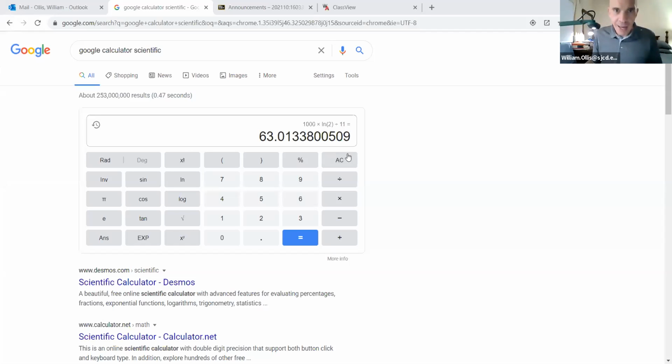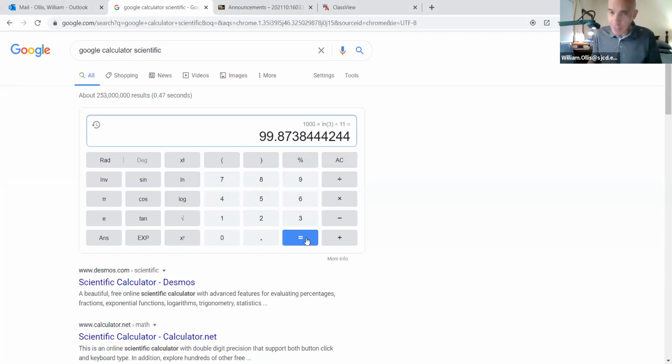I could clear this and go back. There is a history, but that would take longer than just doing it again. So 1,000 times ln of 3, and then of course divide by 11.